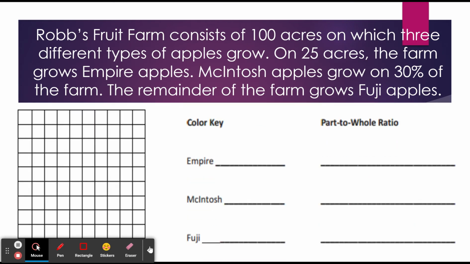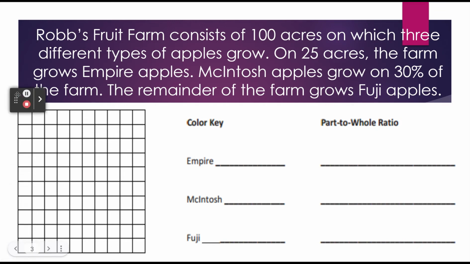On yours, you have, oh, this is going to get in the way. Let me move it up here. There we go. So on yours, you have this 10 by 10 grid, which is going to represent our apple farm. At the bottom of your paper, you see a color key and you have a part to whole ratio area.